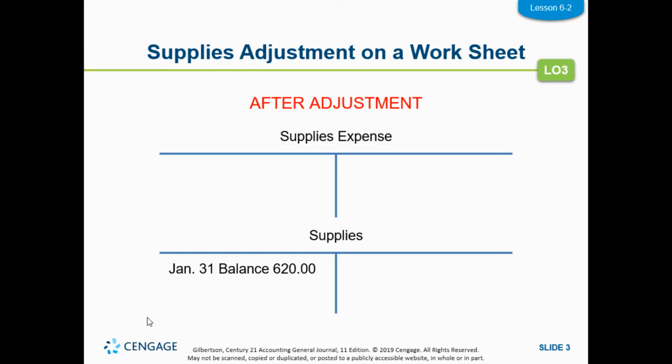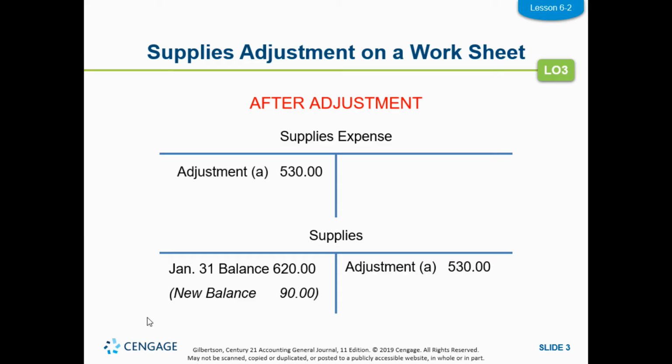All right, we get to the end of the month and we go, we need to make an adjustment for $530 of supplies used because we went and did inventory in our supplies closet or our supplies room and we found we only had $90 worth of supplies there. We thought we had $620 in the ledger. The ledger is still accurate.